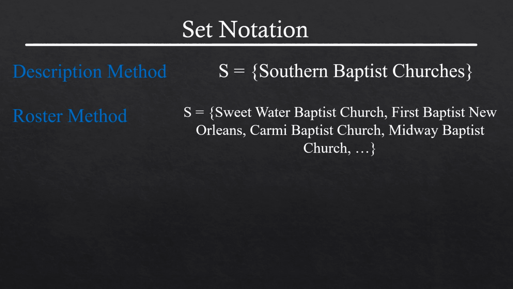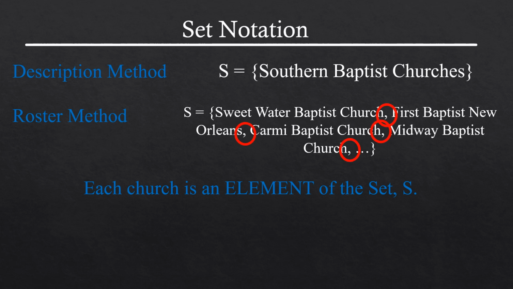Sweetwater Baptist Church, First Baptist New Orleans, Carmi, Midway, and so on, 51,000 churches. You would list them. Each church is an element of the set S. Each element you would separate with a comma. So that's another important terminology here.